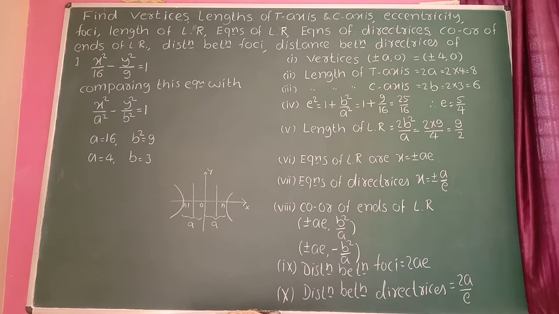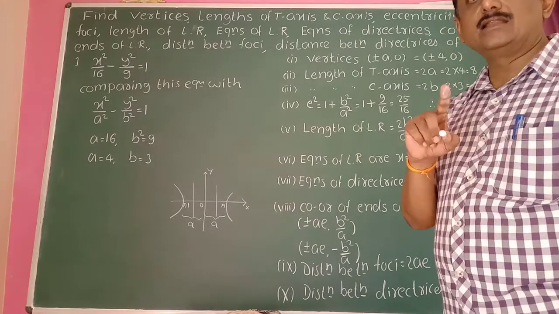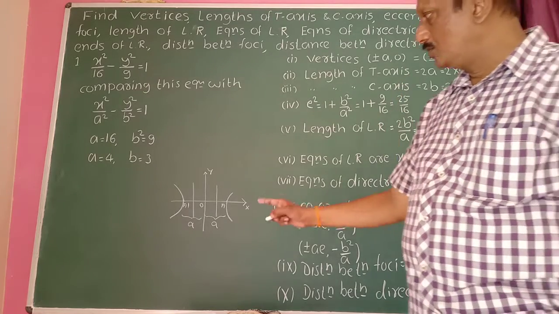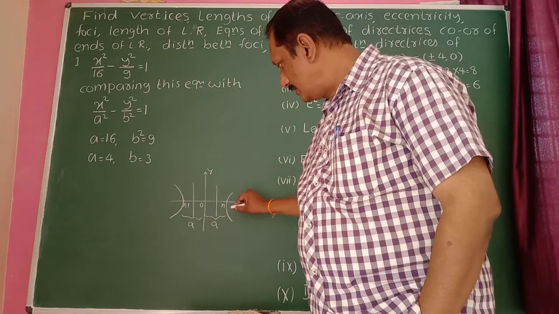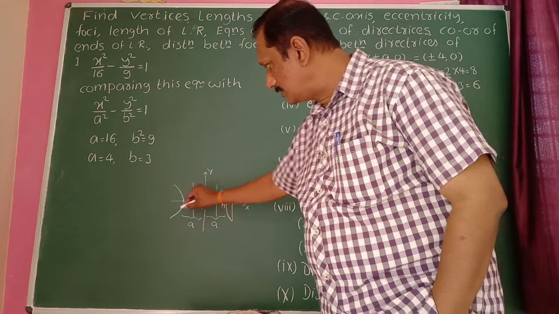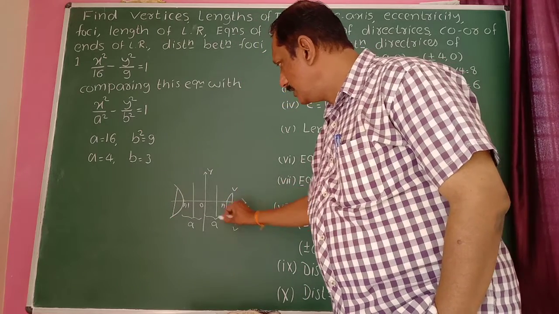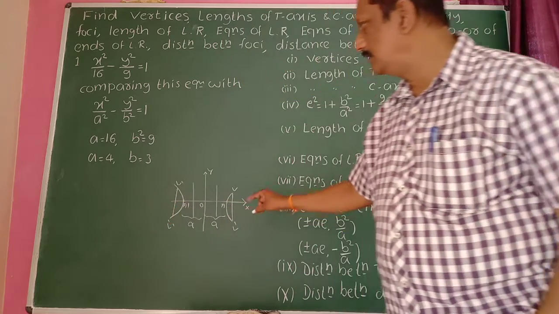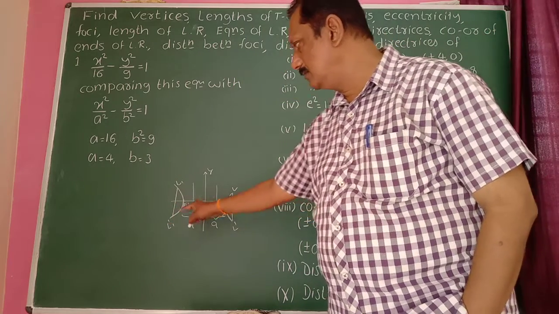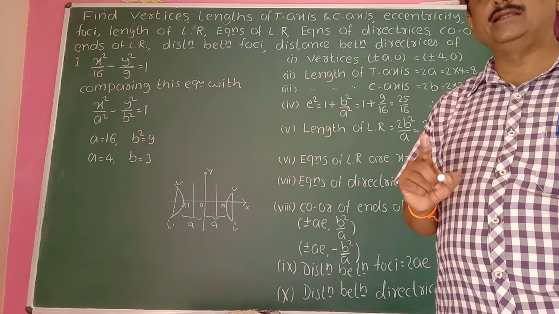Then equations of latera recta. Latus rectum is singular, latera recta is plural, because there are 2 latus rectum. This is one latus rectum, and this is the other. L dash, L1 dash, these are the latera recta. In the plural, it is said to be latera recta.